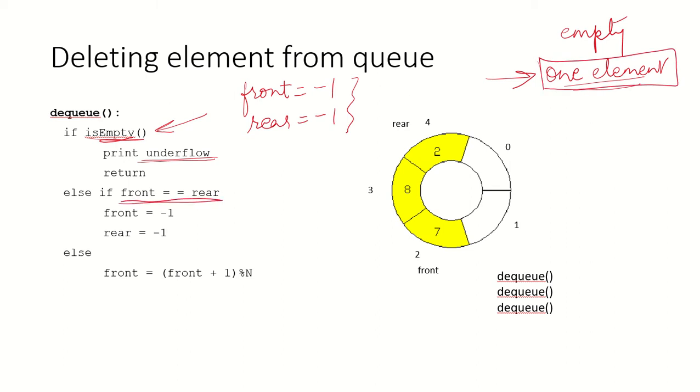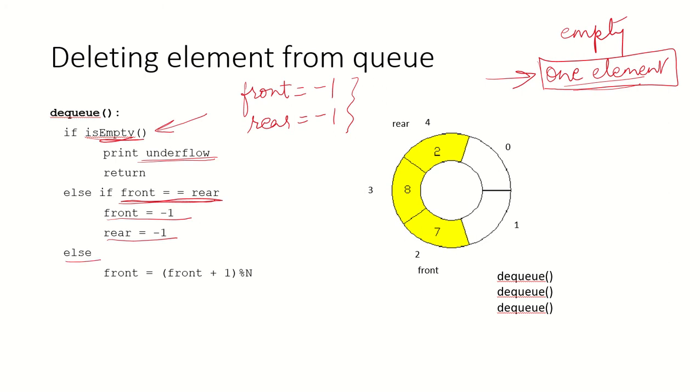You can check my earlier videos for this. So if front is equal to rear, that means there is only one element in the queue. And now if we remove that element, the queue will become empty. So if front is equal to rear, we will simply make front and rear both equal to -1, which will show that the queue is now empty.